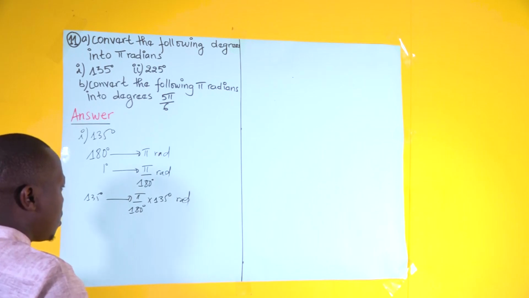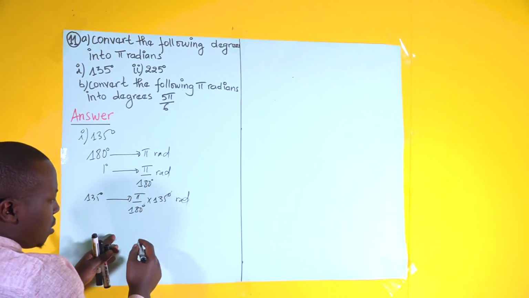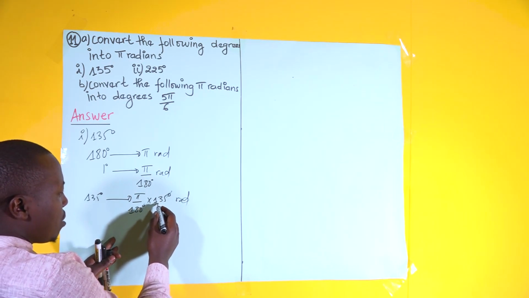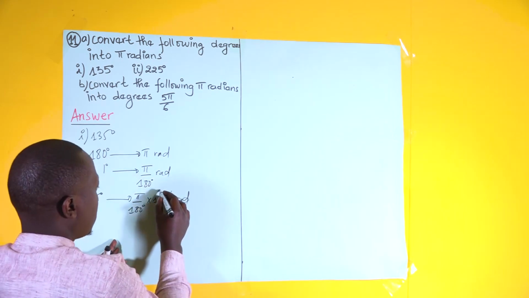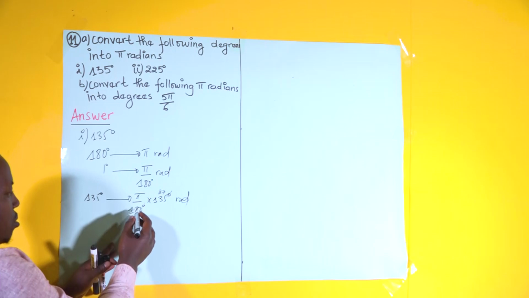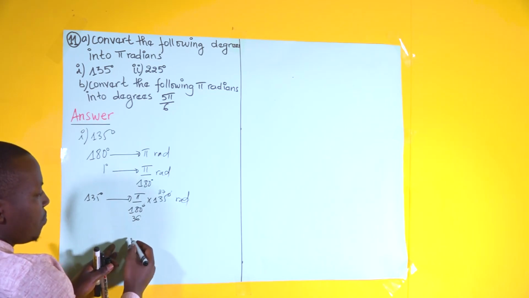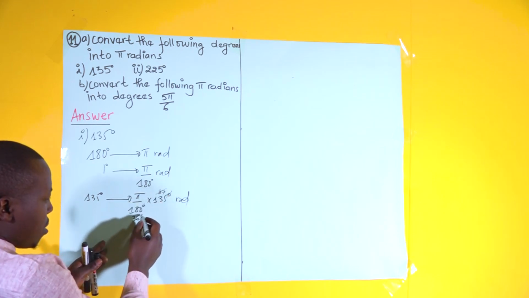radians. This means we can simplify degree by degree, and here by 5. When we simplify 135 by 5, it is 27. Right? When you simplify this number by 5, it is going to be 36. Again, let us simplify 27 and 36 by 9.